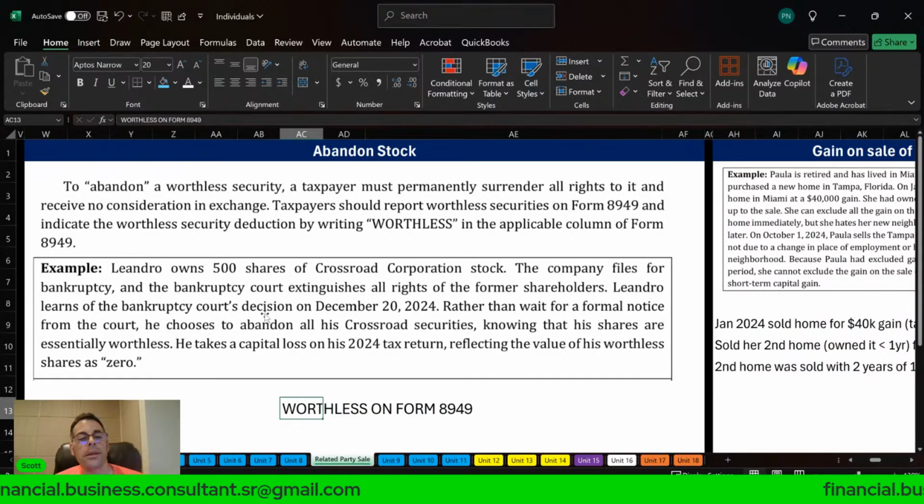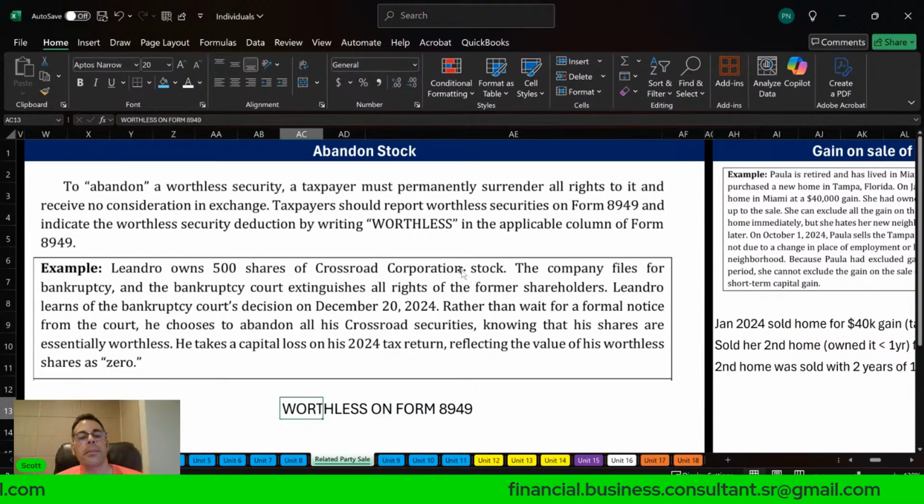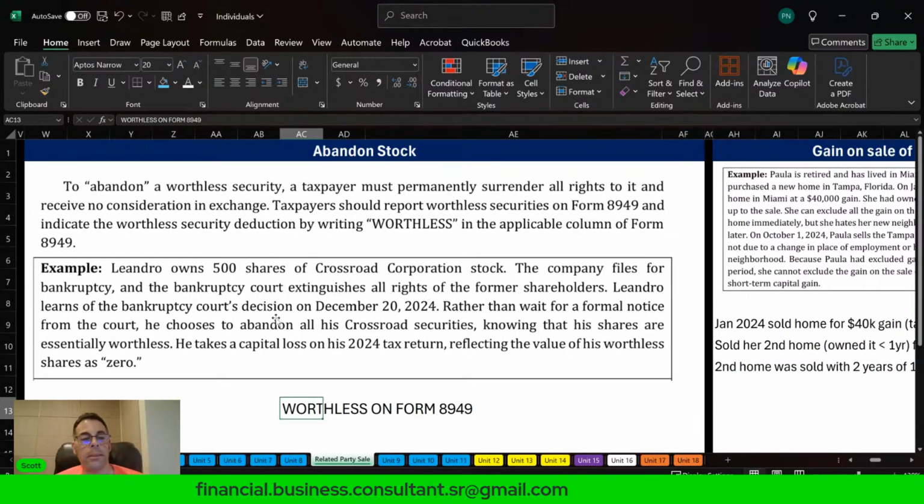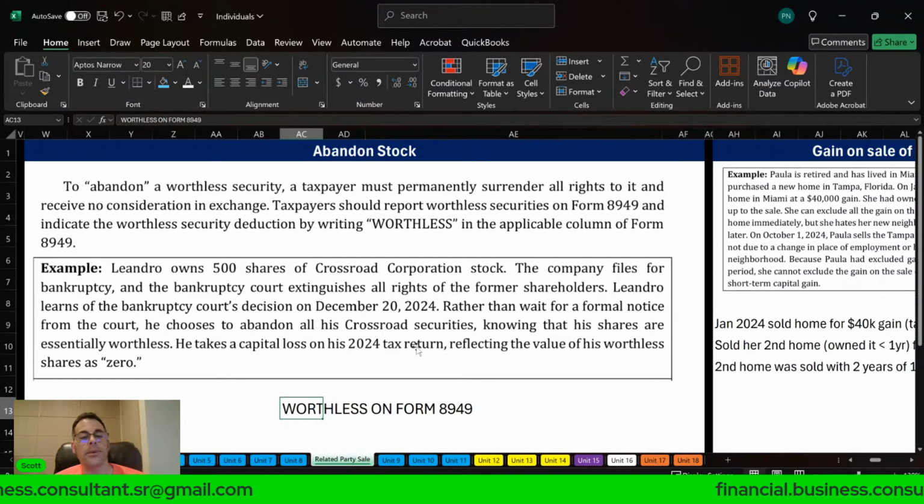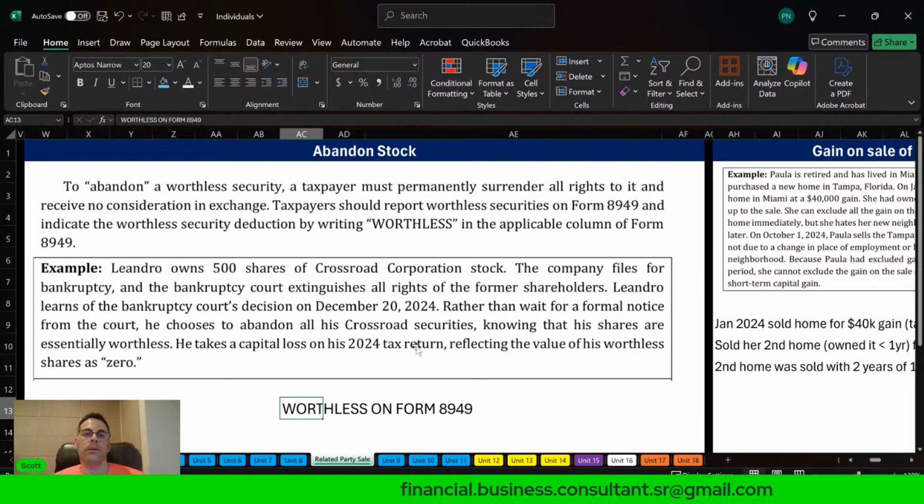So in this situation, you find out on December 20th that this company filed bankruptcy. Sometimes it could take years for the ticker to go away.